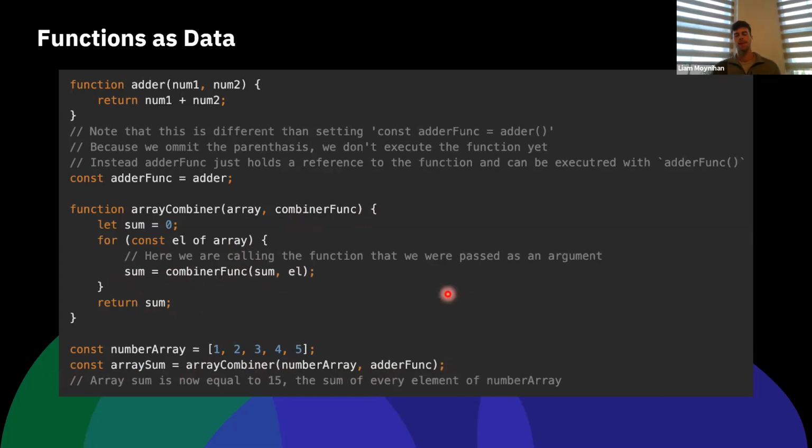Again, we're passing one function into a different function which is then using that to return some value. So we're passing 1, 2, 3, 4, 5. And because we're just adding the values together, array sum is going to equal 15 at the end of this. It's adding up every element in the number array.